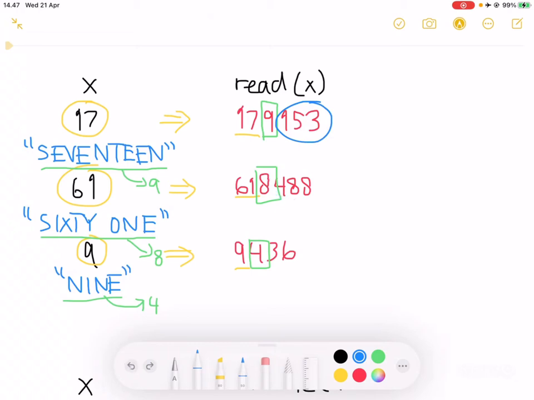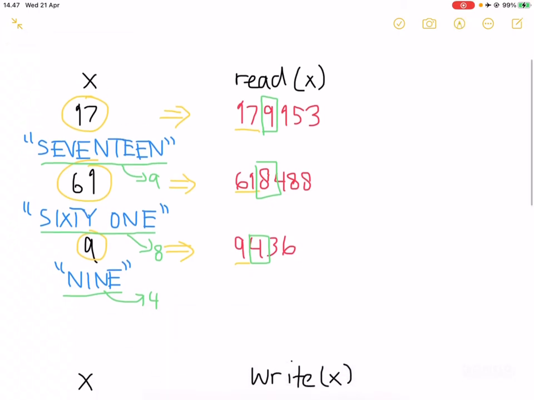These last couple of digits correspond to the product of the input number, the very first couple of digits, and the number of letters that the number has. So notice that 17 times 9 is equal to 153, 61 times 8 is equal to 488, 9 times 4 is equal to 36. I hope that makes things clear.